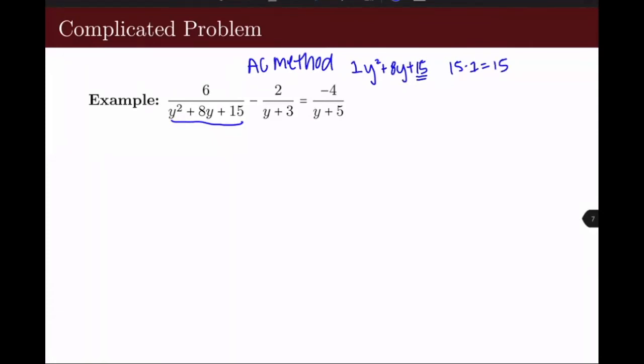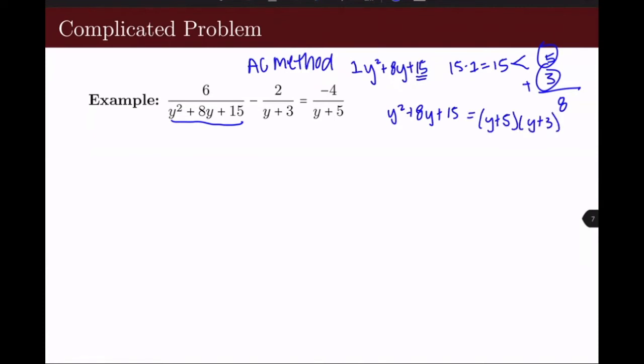From that, we then try to figure out two numbers that multiply to 15, but add to positive 8. Okay, one more time. We need two numbers that multiply to 15, but add to positive 8. Those two numbers are going to be 5 and 3. So this means that y squared plus 8y plus 15 is equal to (y plus 5) times (y plus 3).